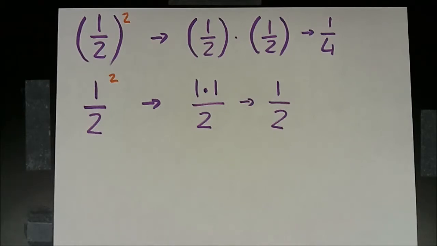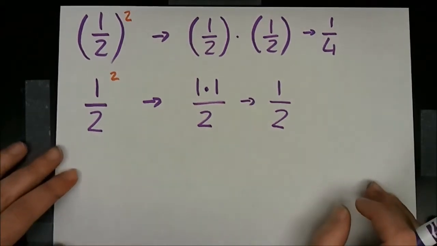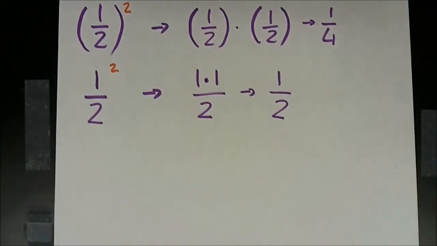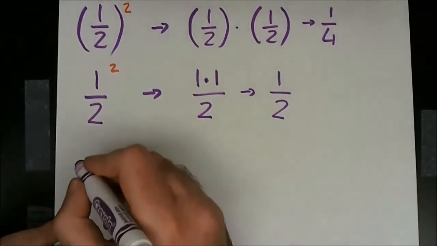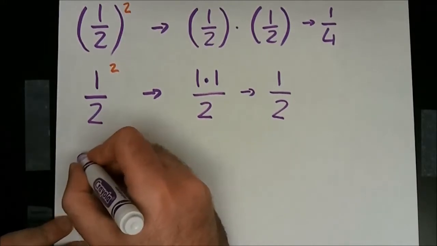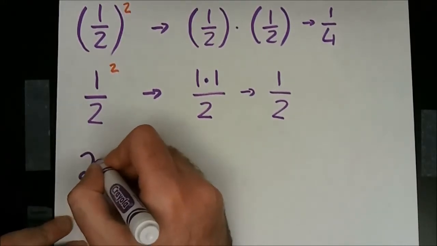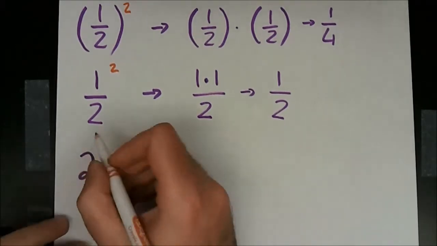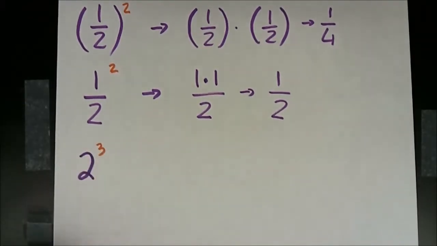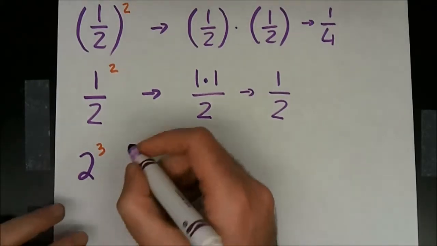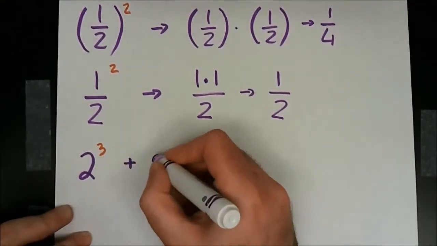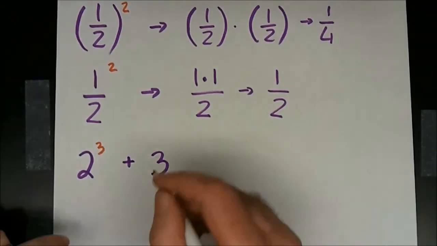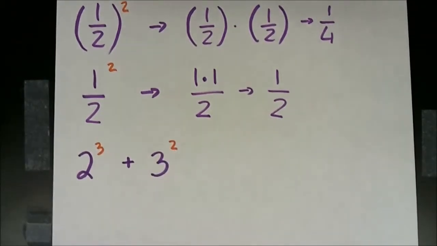Alright? Now let's take a look at what this looks like if I have a problem that involves multiple exponential forms. Let's say I have 2 to the 3rd power plus 3 to the 2nd power.